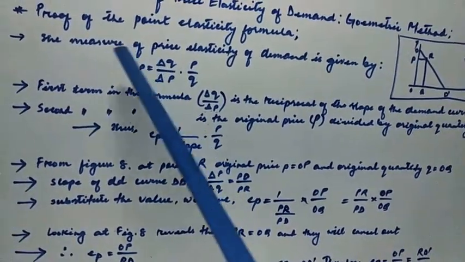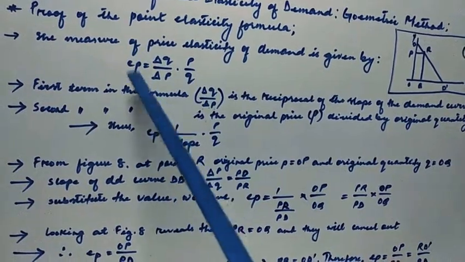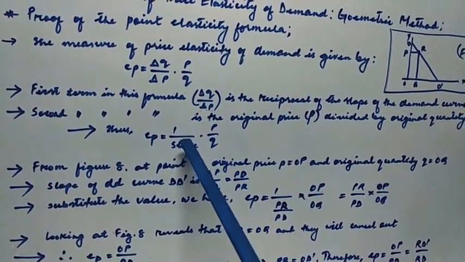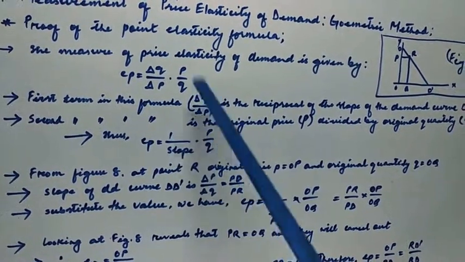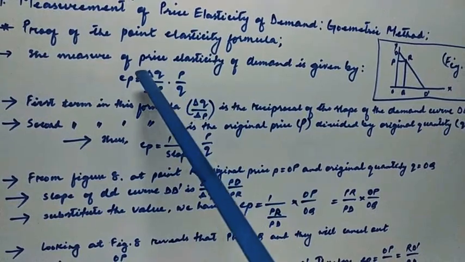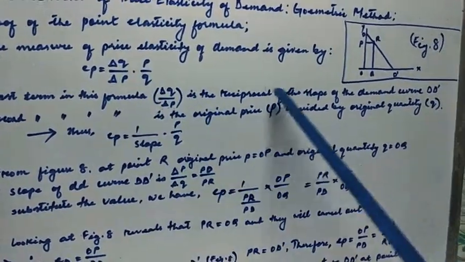Thus price elasticity is given by 1 divided by slope, where 1 over slope represents the reciprocal of the slope of the demand curve, because the first term in the formula is the reciprocal of the slope of the demand curve.